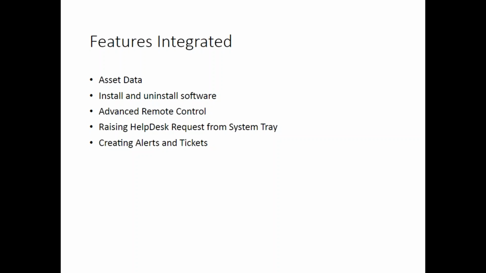Everything will be posted to the Desktop Central server. The Desktop Central server, in turn, updates the ServiceDesk Plus CMDB, so we can see all the asset information within the ServiceDesk Plus product.